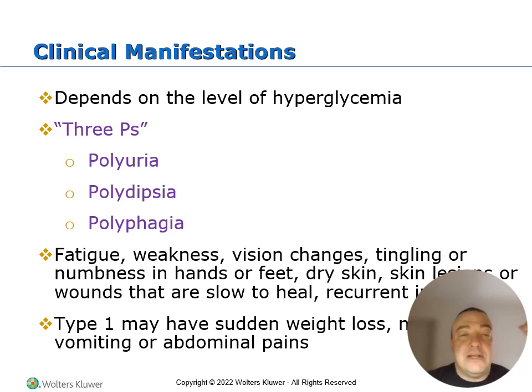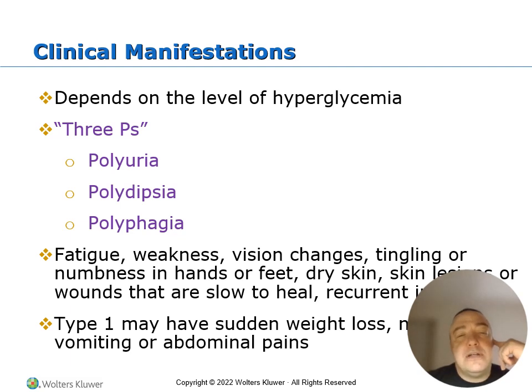You may want to pay attention to the manifestation of the fatigue, the vision changes, the numbness and tingling, recurring infections, which my face is covering the word here, and I can't seem to move that picture, so my apologies. I think I put it on another slide for you as well, because you'll probably see that again.